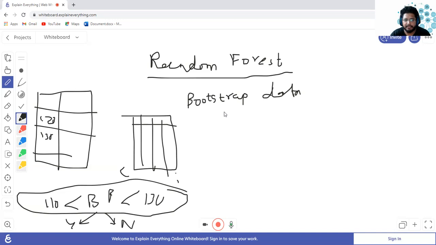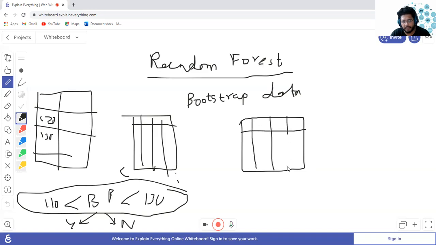You create a bootstrap data from here by randomly choosing rows and creating a far smaller data set, in hundreds rather than millions. Even row repetition is allowed.